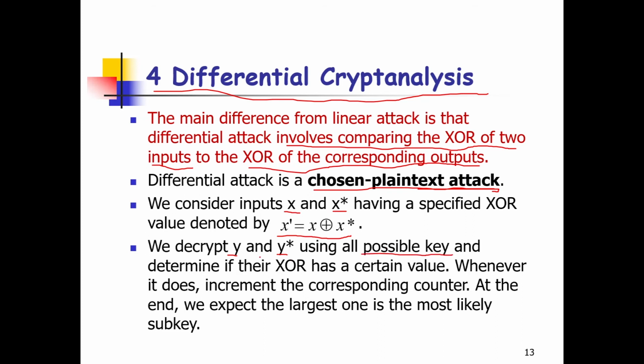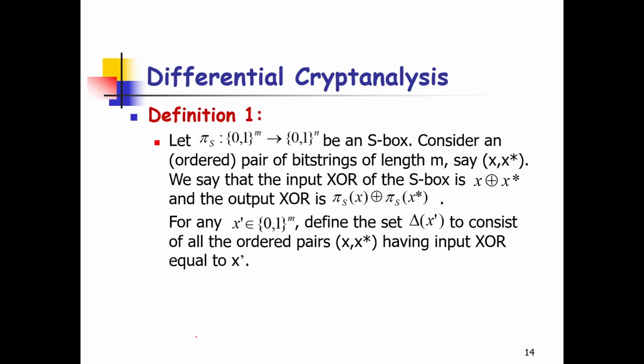Then we take the XOR of these values and increment the counter of the corresponding value. At the end, we expect the most likely subkey, that is the key which has the maximum counter, to be the subkey of that system.